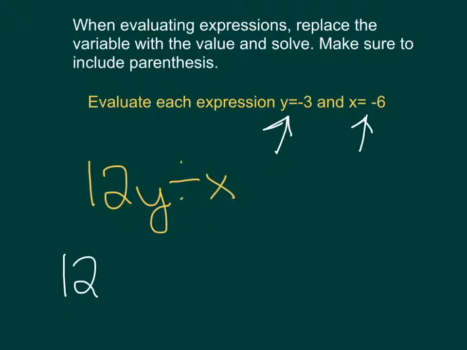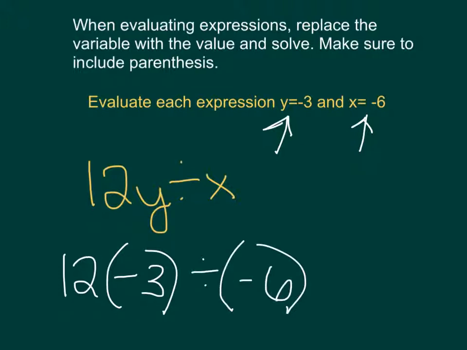So 12, again, I'm going to include parentheses here so that I can have my -3 divided by parentheses again with my -6. If I didn't have parentheses right here, this would look like a 12 minus 3, and we know that's a different operation than what we're actually performing.